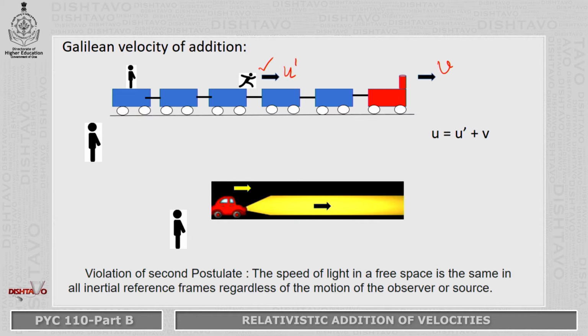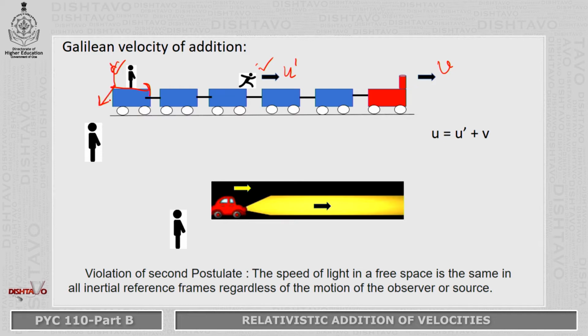An observer is there on the train, observing this event. The question is, what velocity will this observer measure for the person who is running with velocity u prime? Obviously, it will be u prime because the frame of reference is attached.